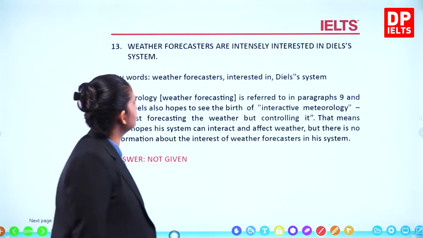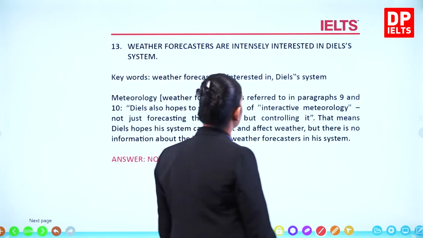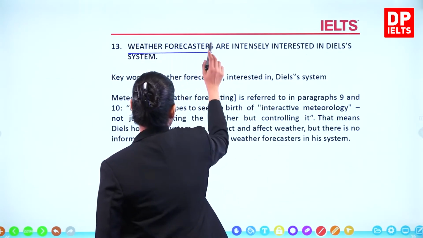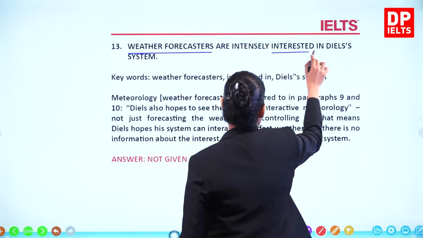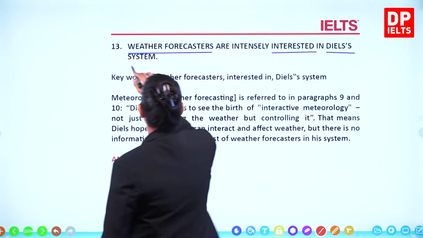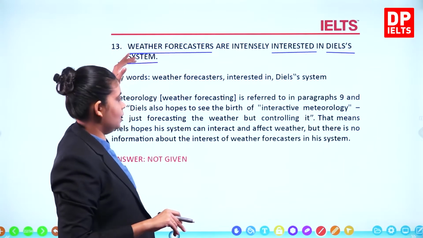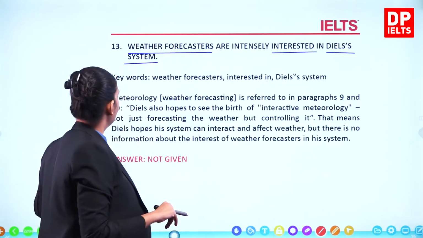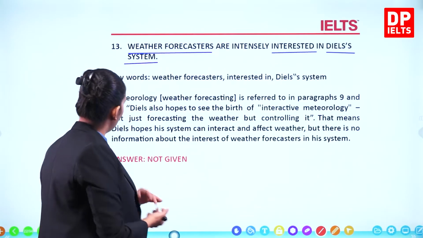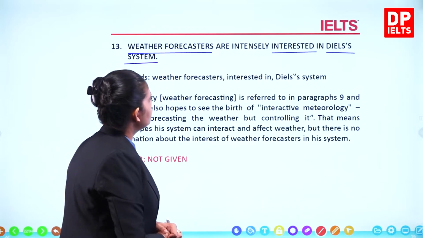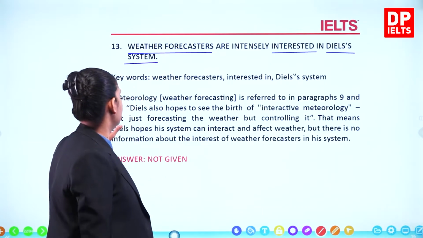Weather forecasters are intensely interested in Diels system. Okay. So, keywords I've given you underlined as well, right? So, meteorology or weather forecasting is referred to in paras 9 and 10.